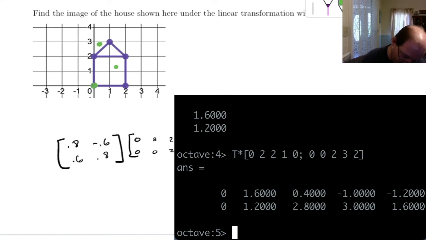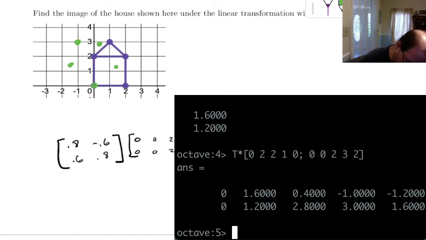Then -1, 3. And then -1.2, -1.6. All right, so those are the points on the house.